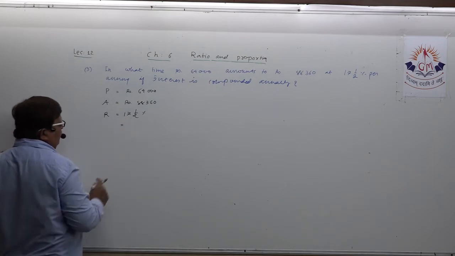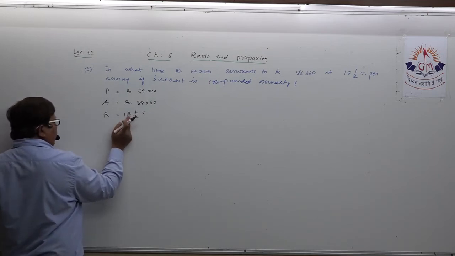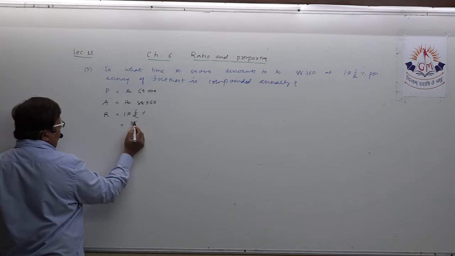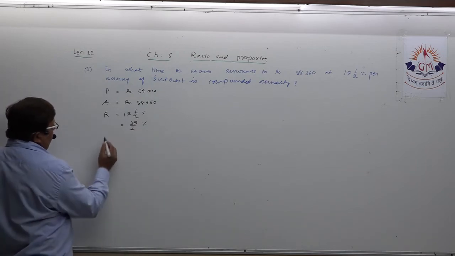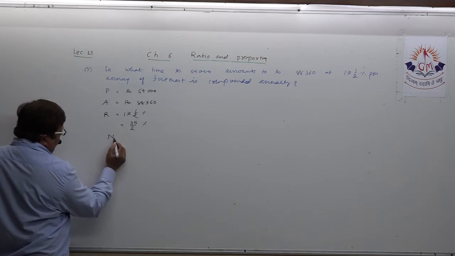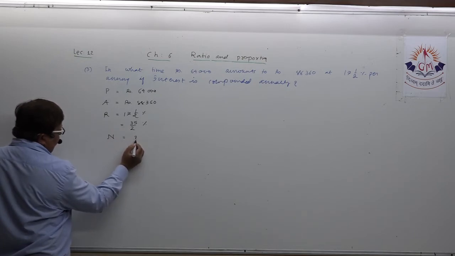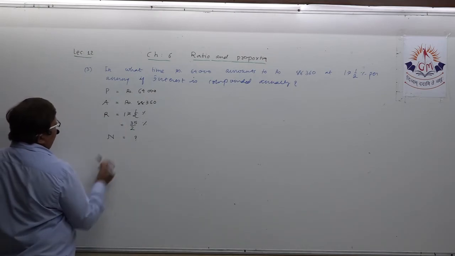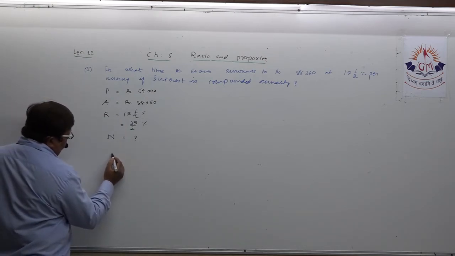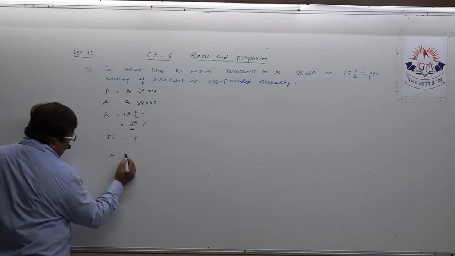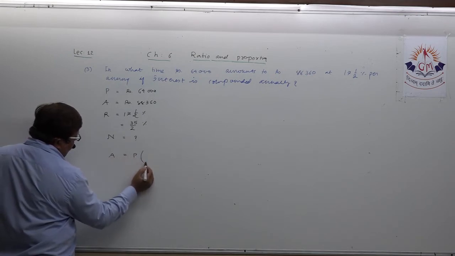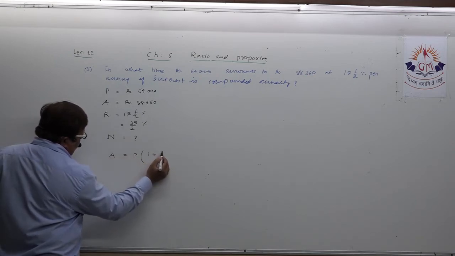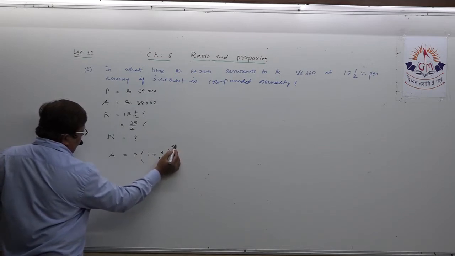Let us convert it: 17 times 2 is 34, plus 1 is 35, so 35 upon 2%. N is the number of years you are looking for. Let us write the formula: A equals P into (1 plus R upon 100) raised to N.